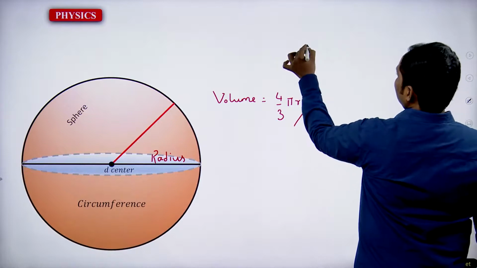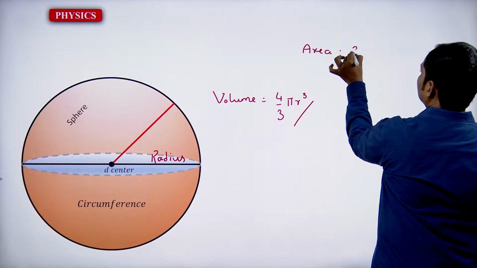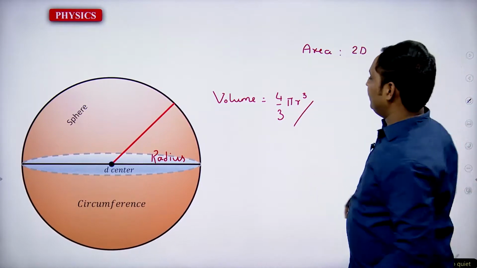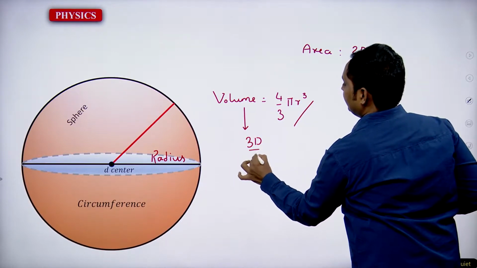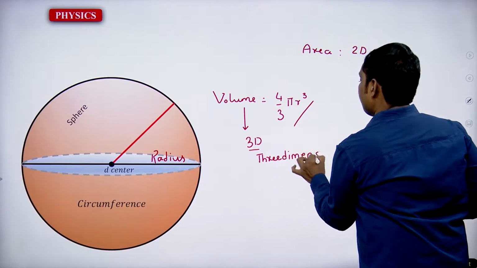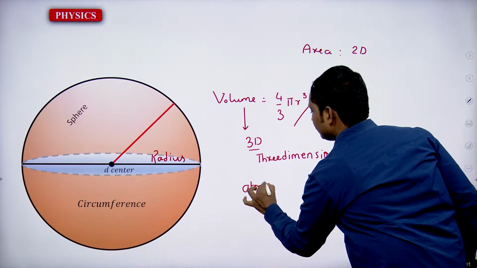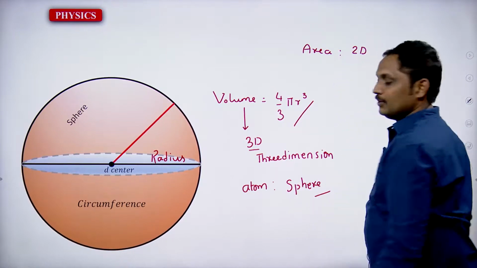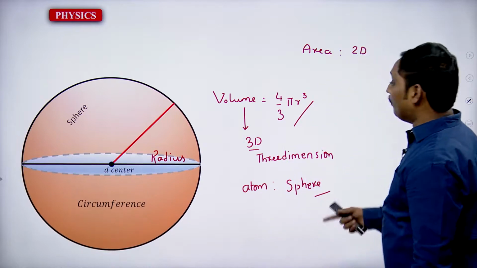While you are going to take that area, it is going to be 2D, 2-dimensional, for a plane or a circle, whatever it may be. Volume is 3-dimensional, 3D. So, while you are going to take that, the atom is going to be compared with the sphere. You want to know the physical properties of the atom, just you have to know about the sphere.